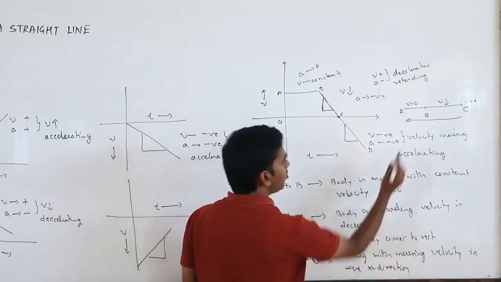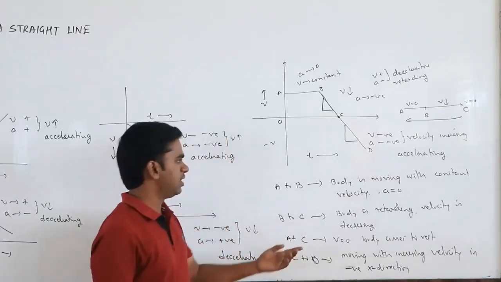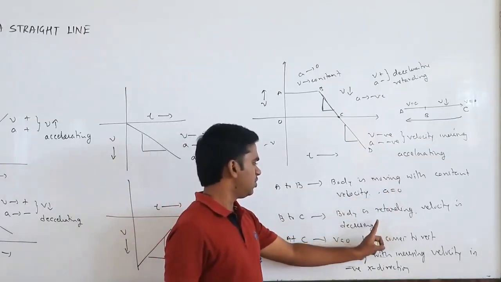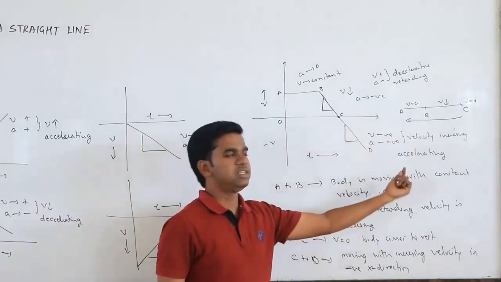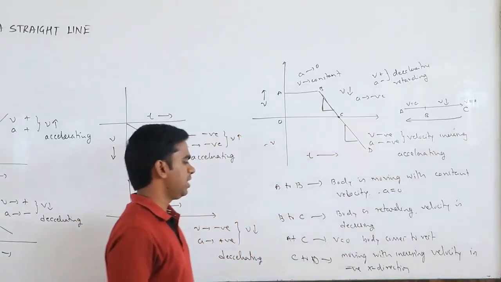Or you can say the direction opposite to before. Here it was moving in the positive x direction. Now it is returning back, meaning it is moving along the negative x direction.